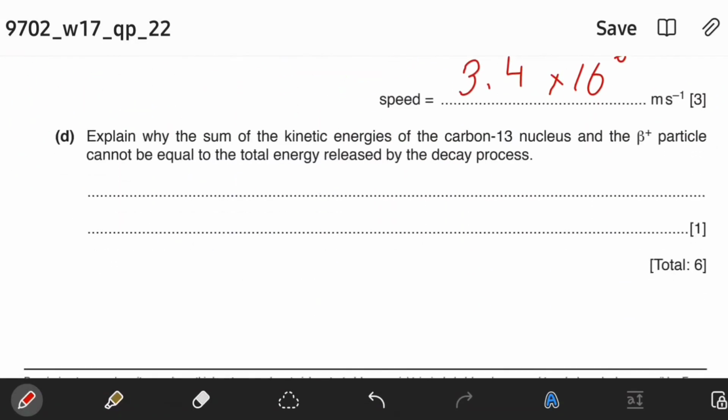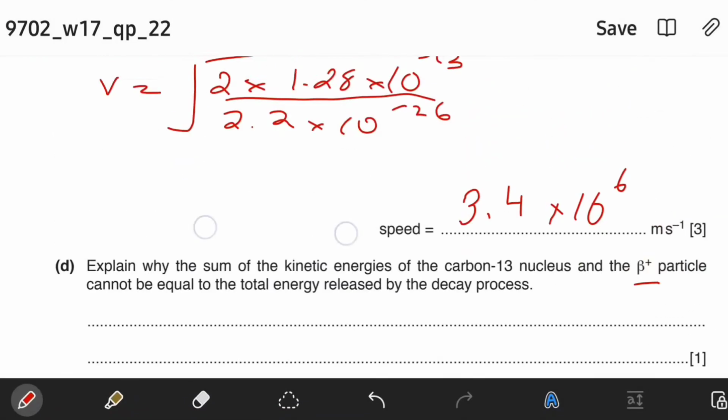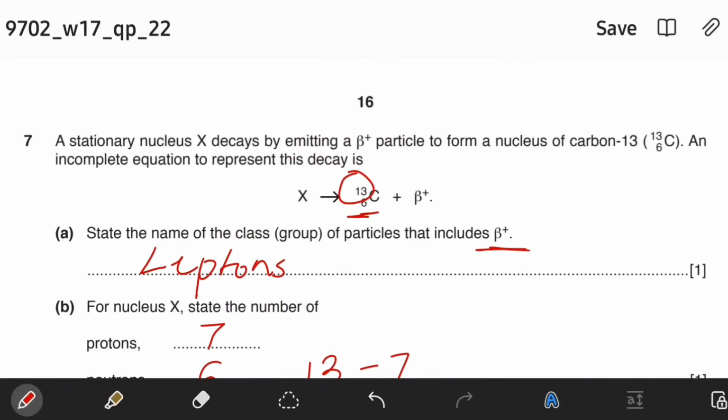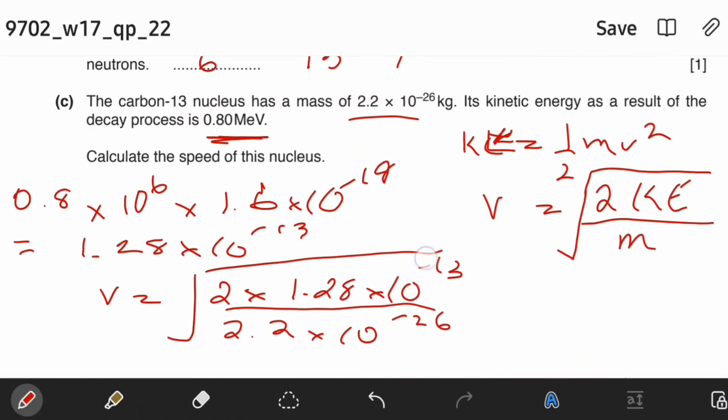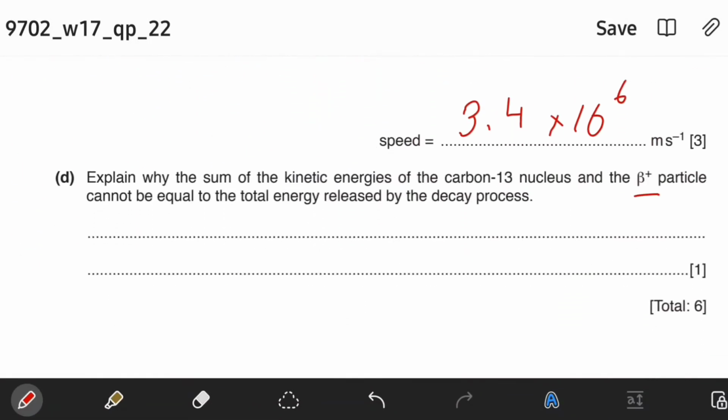Explain why the sum of kinetic energies of carbon 13 nucleus and beta positive particle cannot be equal to total energy released by the decay process. So we need to remember during this decay, an electron neutrino is also produced, right? So it also has energy. So obviously only the beta positive particle and the carbon 13 nucleus would not be the only energies.